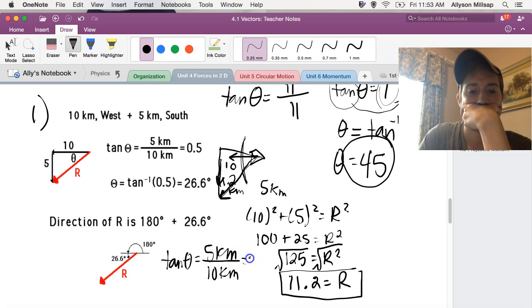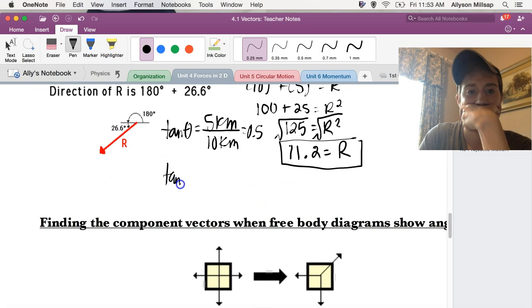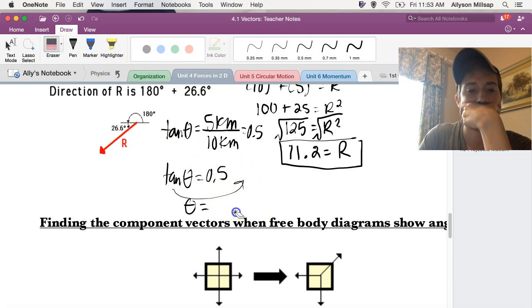Okay, so that gives me 0.5. So what I have now is tangent of my angle is 0.5. I want to move tangent to the other side to get my angle. So when I move tangent to the other side, it's tangent -1. It's the inverse. And then I leave 0.5 there.